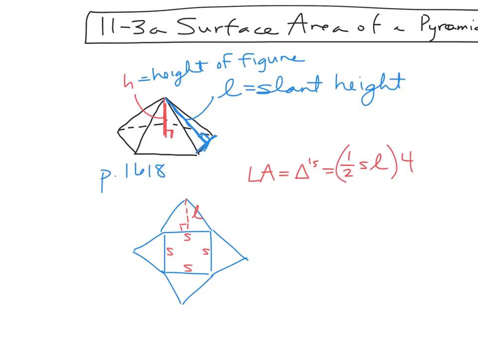So if you think about how we would do this, we can rearrange multiplication, right? That is the commutative property. You can move where things are, and it's still going to get you the same answer. So let's say we wrote it like this instead. 1/2 times 4 times S times L. Right? I can rearrange the order I multiply something in, and it's the same thing. Well, this 4S, what does that represent in this picture?